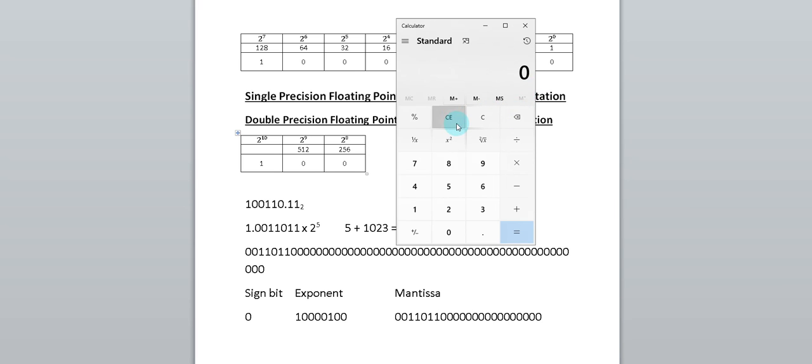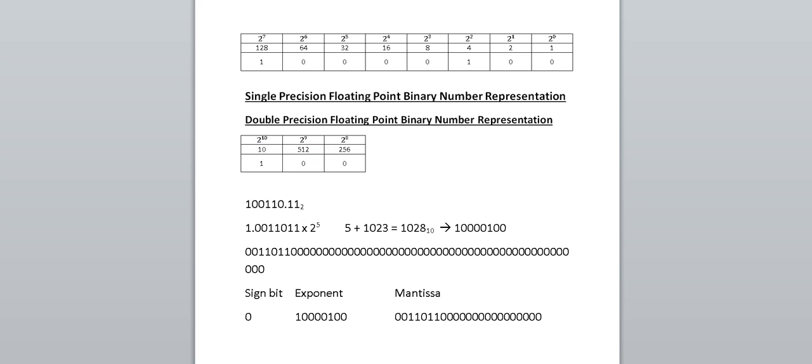Correct. So for 2 to the power of 10, which is 512 times 2, we get 1024.